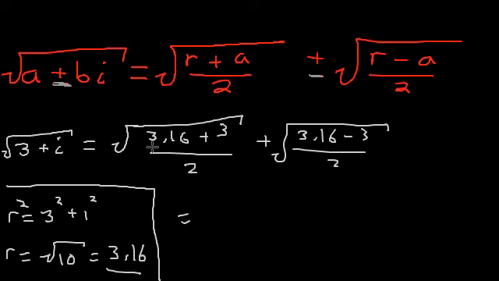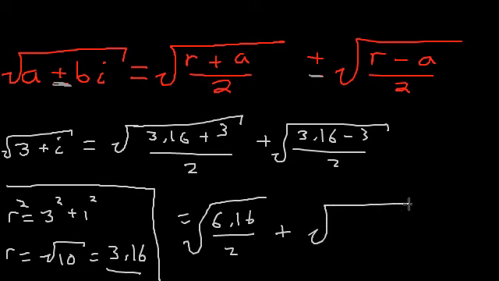So 3.16 plus 3 is 6.16, 6.16 divided by 2, square root, plus 3.16 minus 3 is just 0.16 over 2.